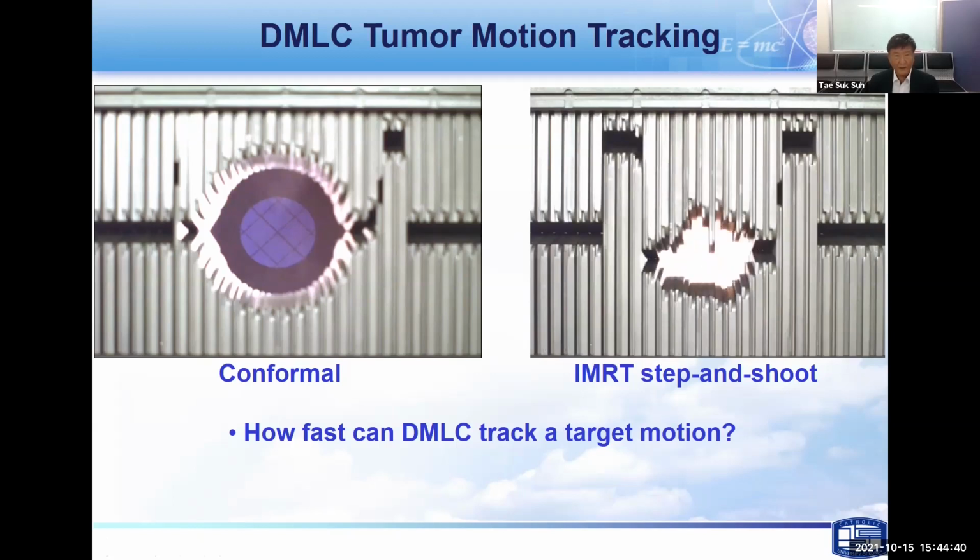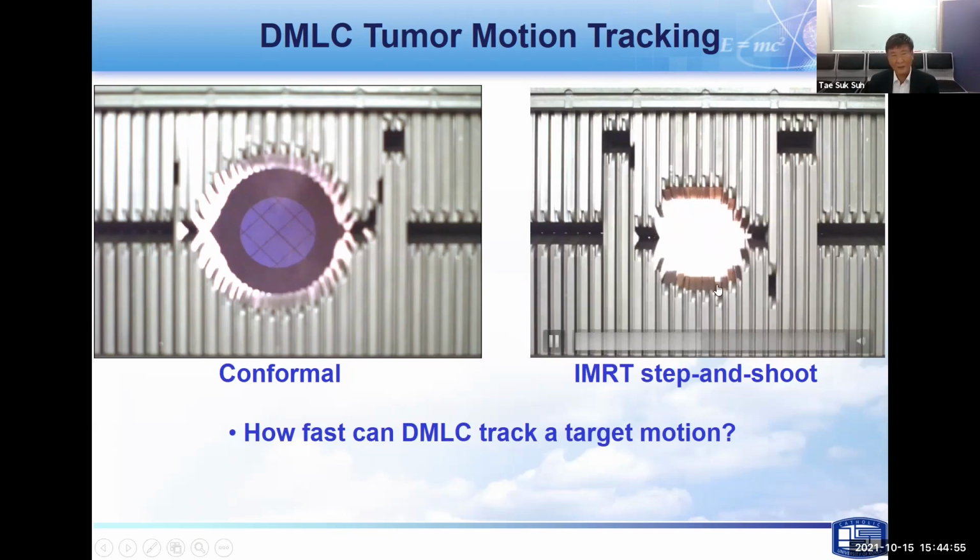So the main concern of our research is how fast the DMLC can track a target motion, even in the case of the perpendicular leaf direction.